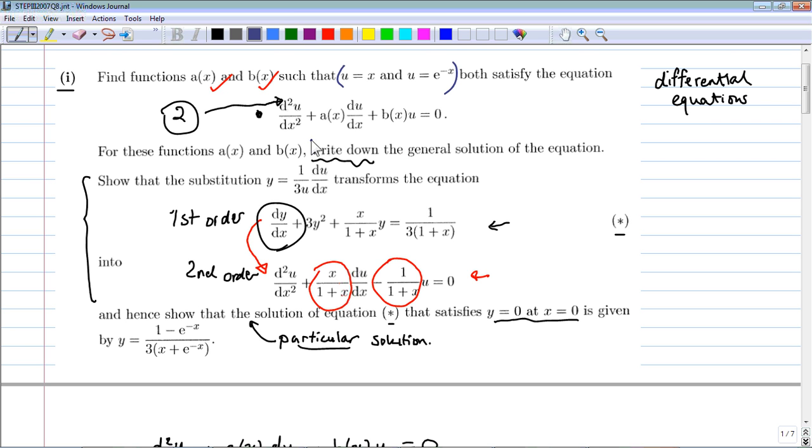So that's what they're talking about here. Write down the general solution. The general solution is a linear combination of x and e to the minus x. If you understood that, I don't think the rest of the question is very difficult.